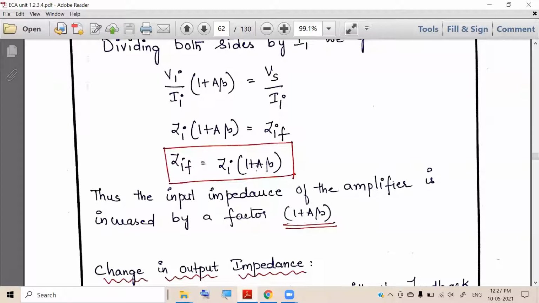I want an answer. When the input impedance of an amplifier is high, the internal losses will be low. Internal loss being less means overall the output will be high. So it is an advantage when the input impedance is high.